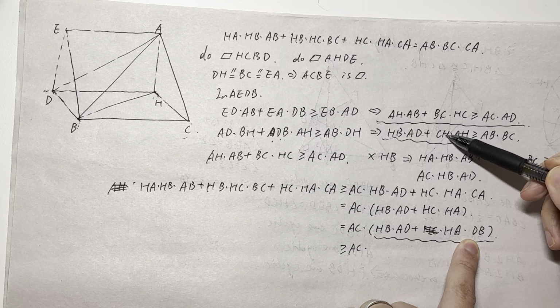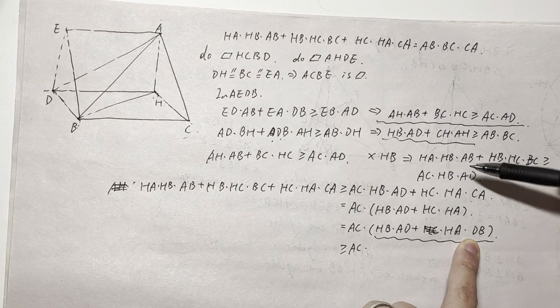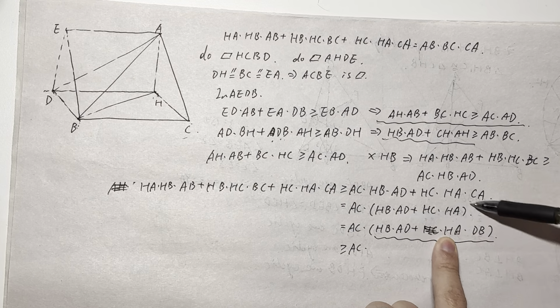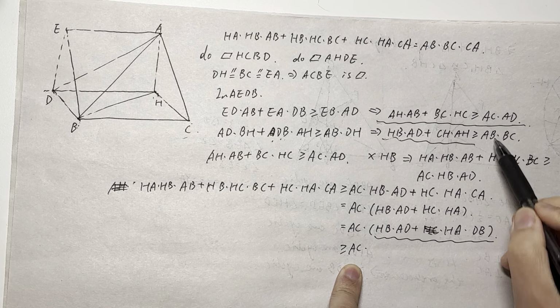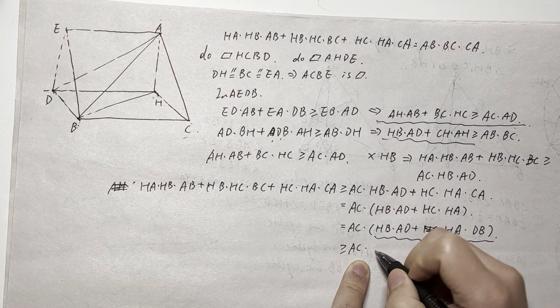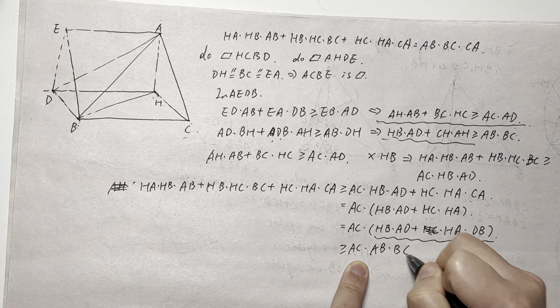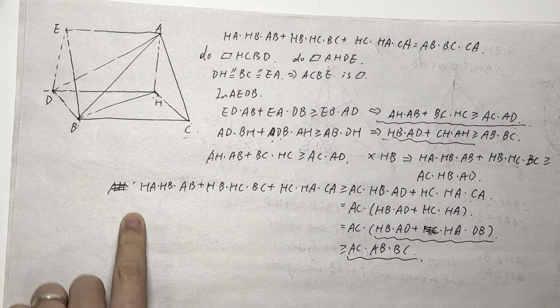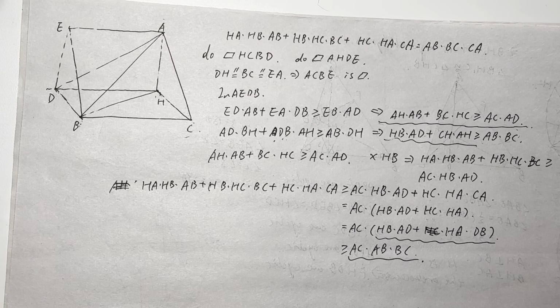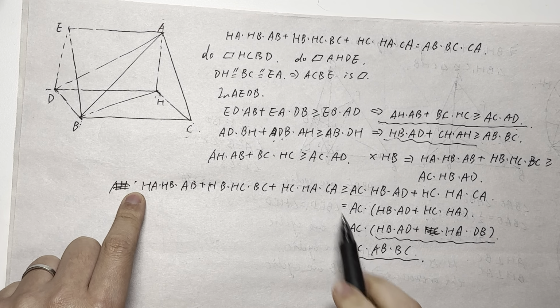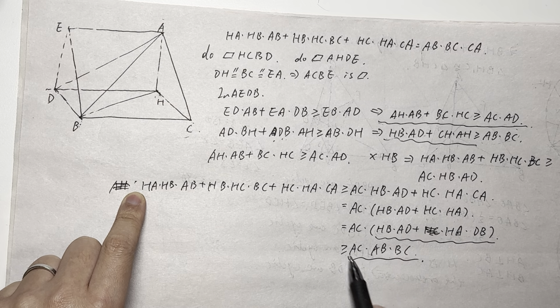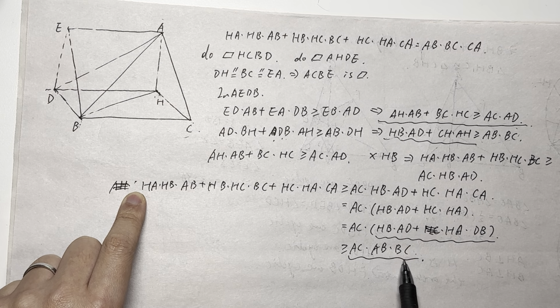DB is CH, so that's CHHA. We replace this one by this one, so that is AC times AB times BC, right? So we get that in a general case, the summation of this one should be larger or equal to AC times AB times BC, right?